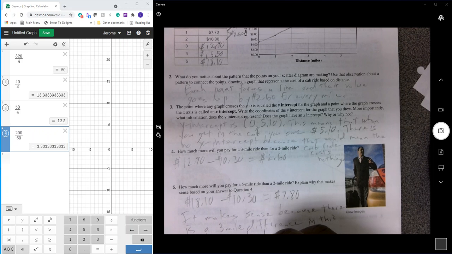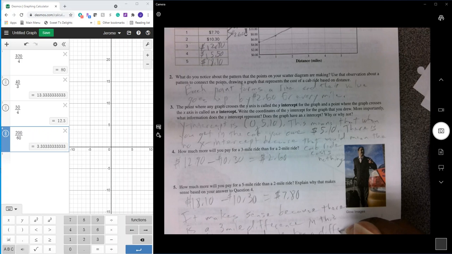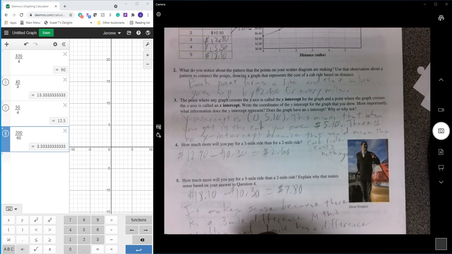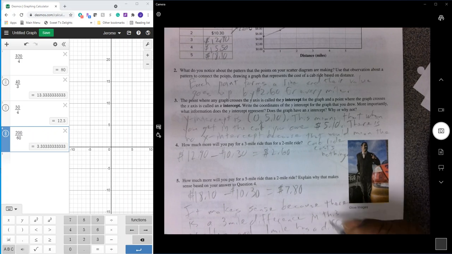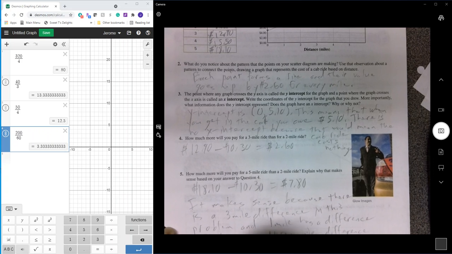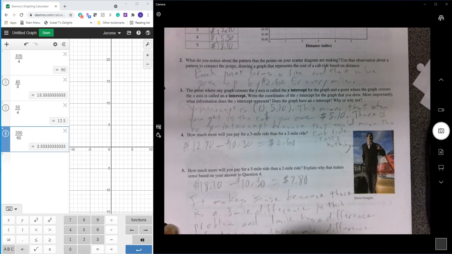And 1 mile has a difference of $2.60. So a 3-mile difference would be $2.60 times 3, which is $7.80.